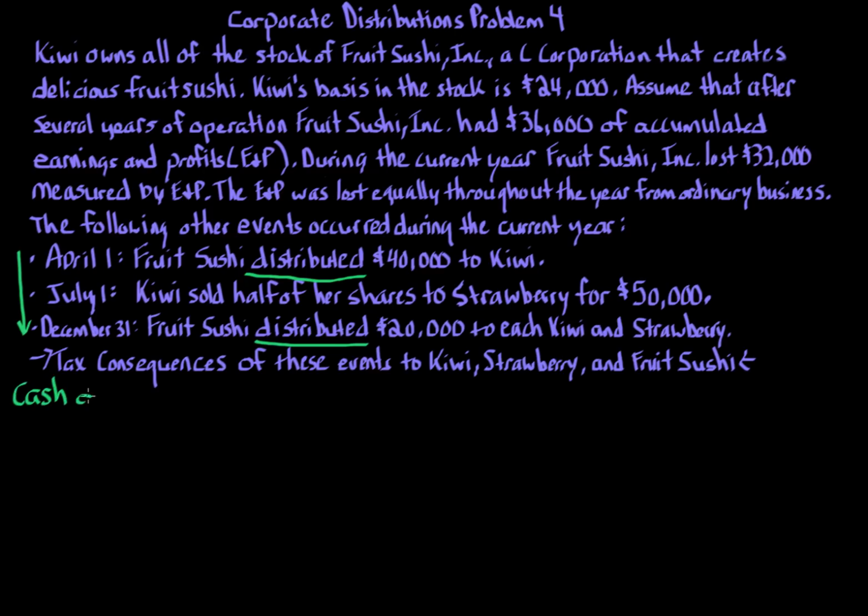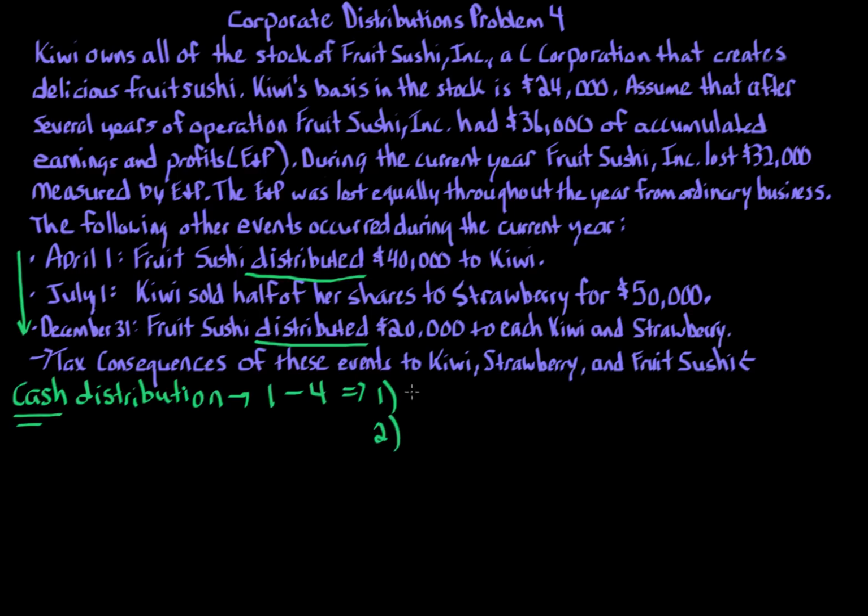Whenever we have a cash distribution or any property distribution, we have a 4-step process to follow. Whenever we have specifically a cash distribution, step 1 and step 2 are always going to be no consequences.